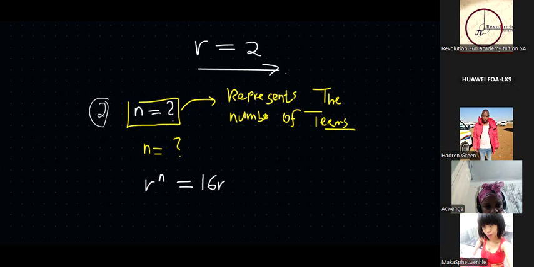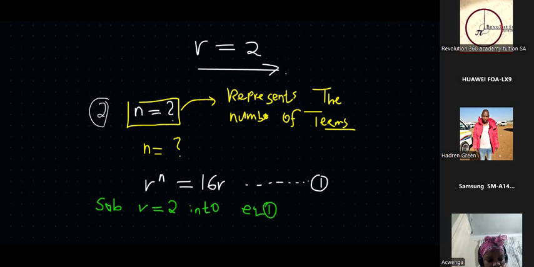Now I'm going to substitute r is equal to our common ratio. What did you get? 2. Substitute r is equal to 2 into equation number 1. Is there any question?